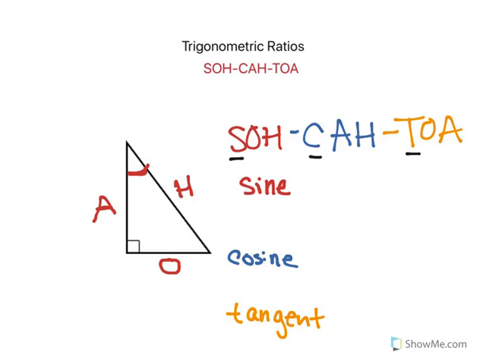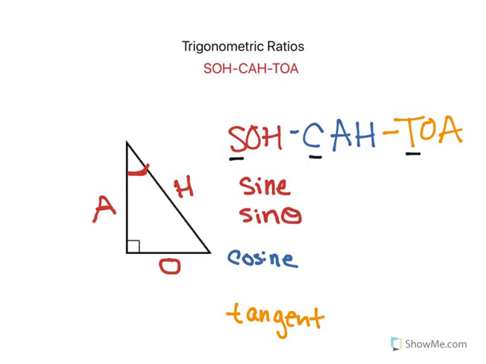So going back to sine, we often write it as S-I-N, sin, we abbreviate it. And how we set up that ratio is sine of my angle. This symbol is theta, it means angle.